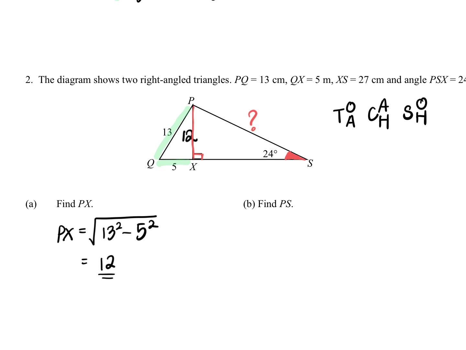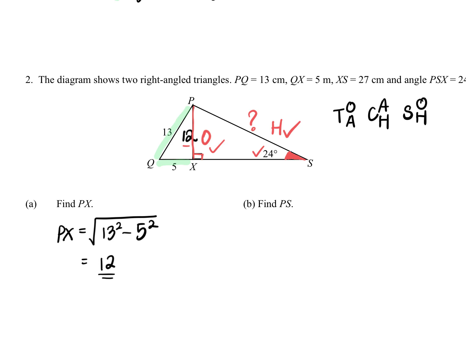Alright, trigo ratio. In this case, PS is my hypotenuse, and I have the angle 24. I must find H. What other information do I have? I have the number 12. This side does not touch the angle 24; it's directly opposite to it, so this one will be my O. I don't care about my adjacent already.